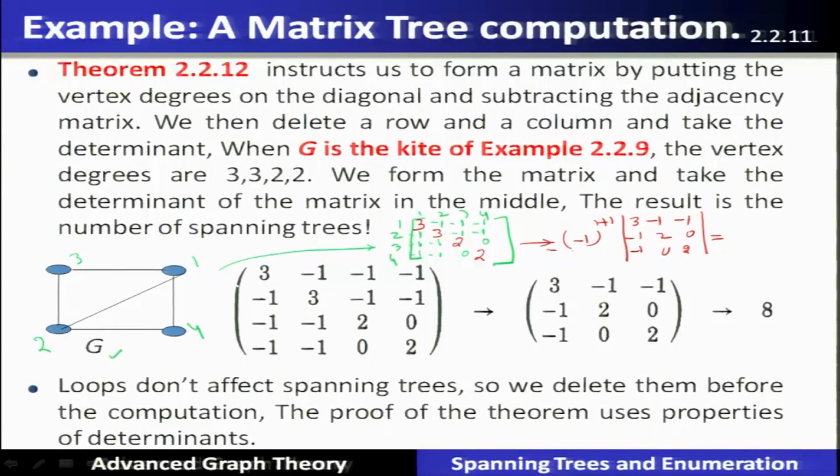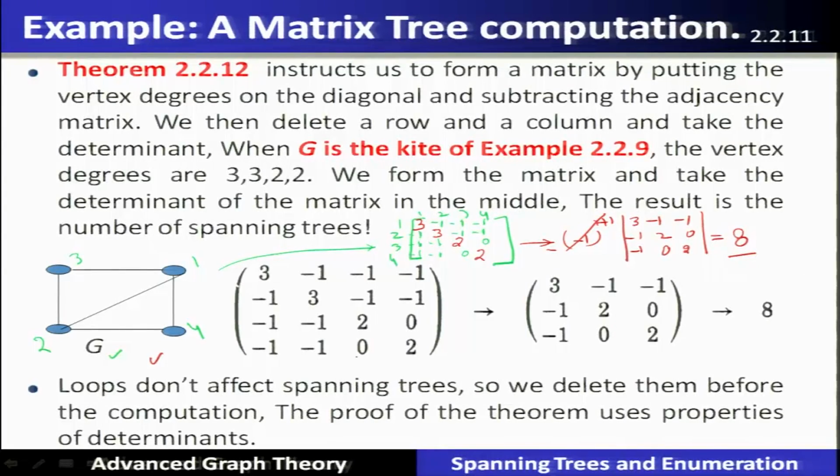Now, this becomes plus 1, so that will go out. As far as this is concerned, you can compute it easily, and the value becomes 8. So, 8 is what we saw this particular graph gave using the recurrence.